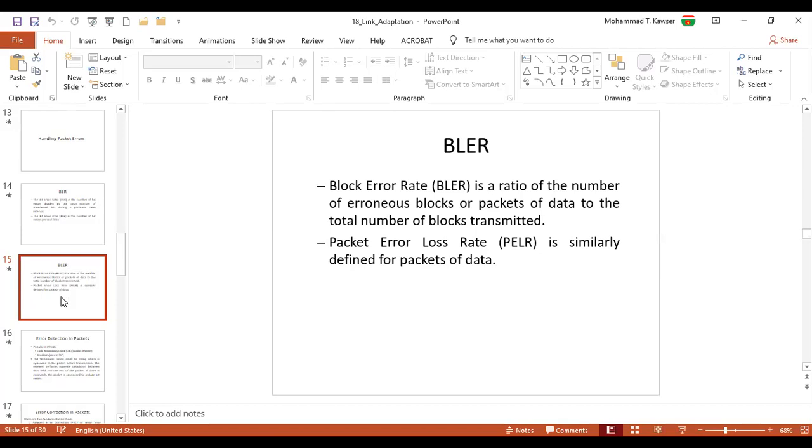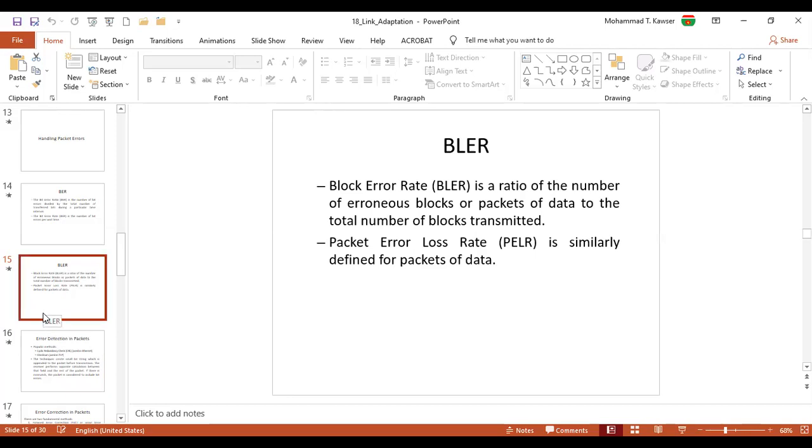When you have packetization at a lower layer, which may be the MAC layer, or even the physical layer, which is layer 1 or layer 2, then it is called a block.